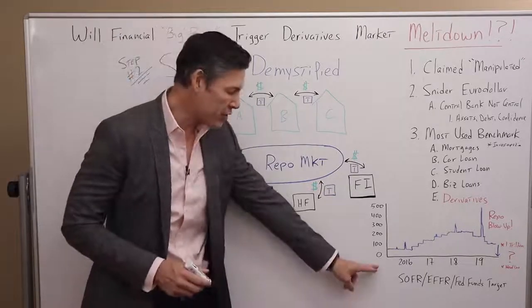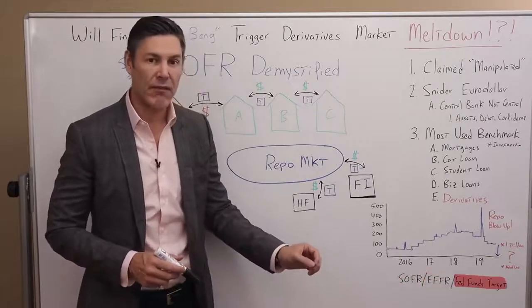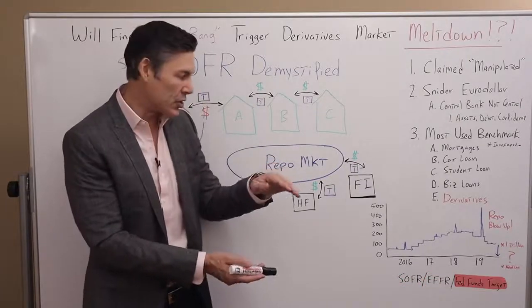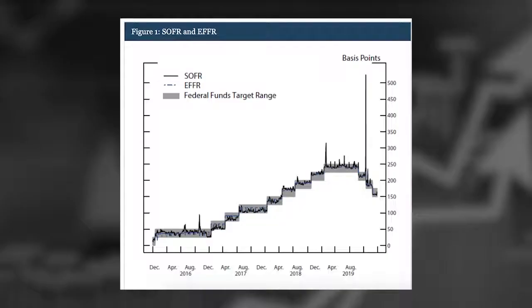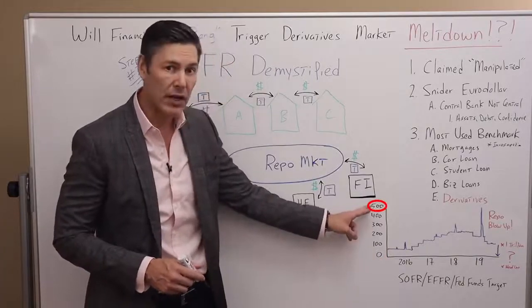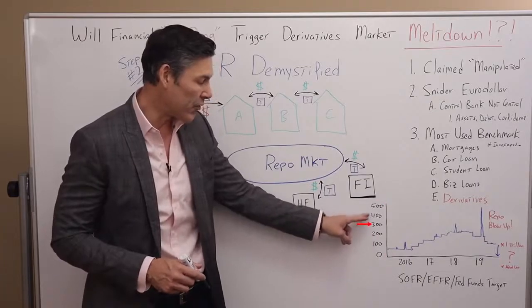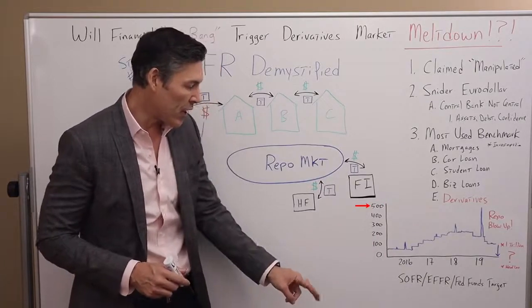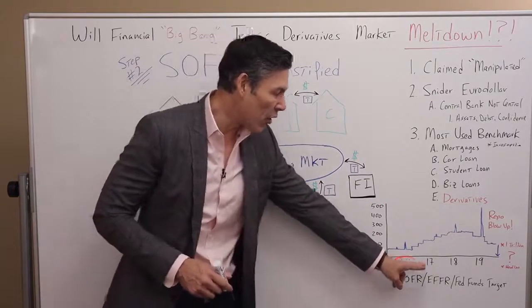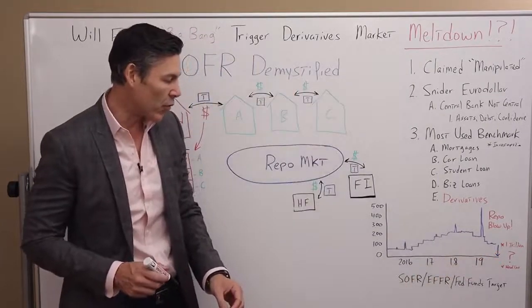But let's go over to this chart of SOFR, the effective Fed funds rate, and the Fed funds target range. Editor, go ahead and throw it up there really quick. And we can see on the right-hand side, it goes from 0 basis points up to 500 basis points, or 1%, 2%, 3%, 4%, 5%. And we start in 2016, go all the way to the end of 2019, beginning of 2020.